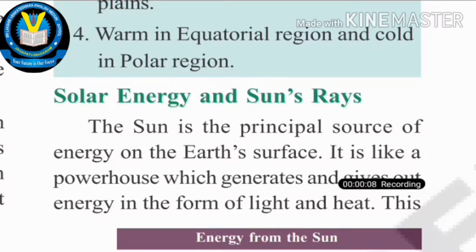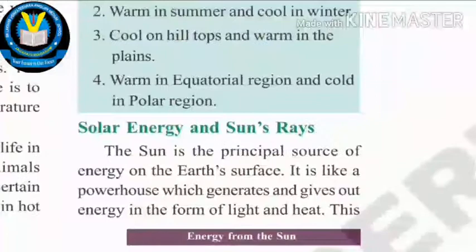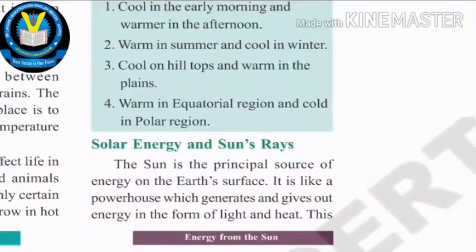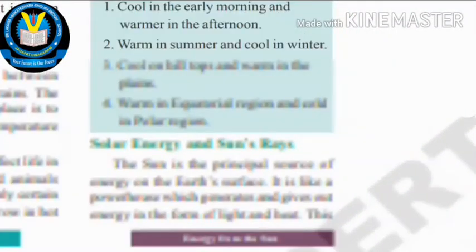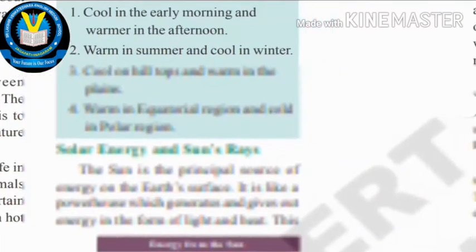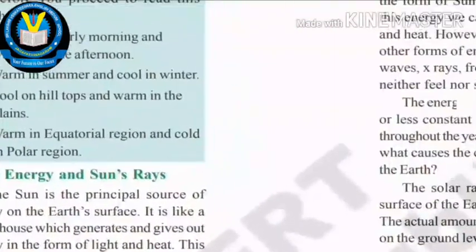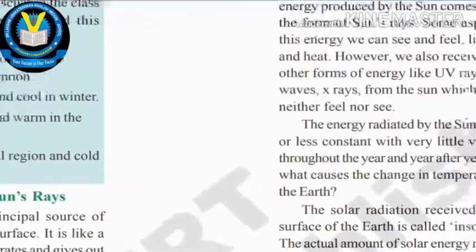The energy that comes always and constantly from the sun is known as the solar radiation. When a body gives out energy, then it is called radiation. Since the sun is producing it, we call it the sun's rays.